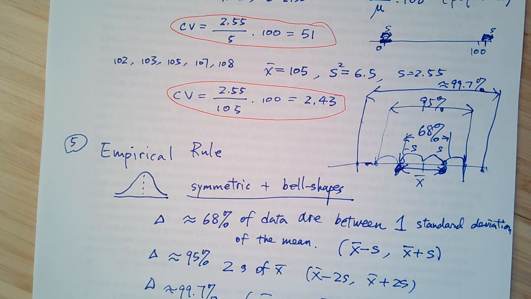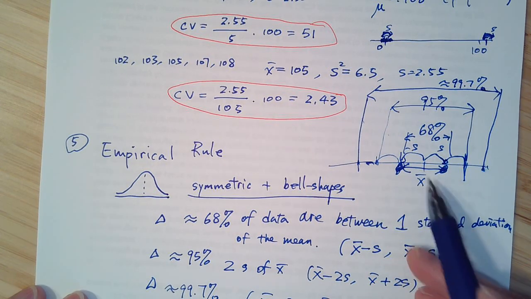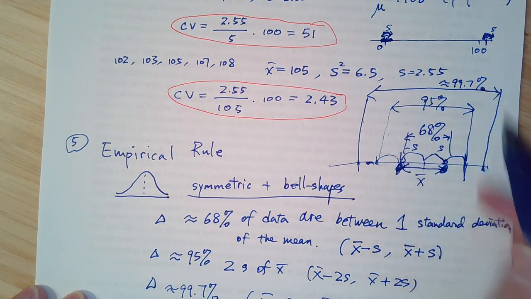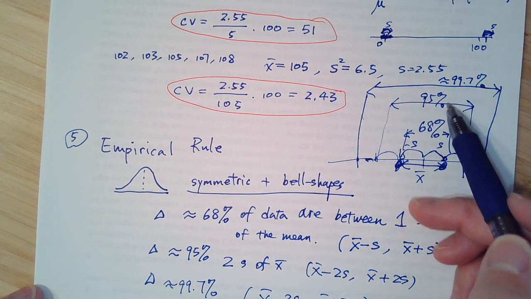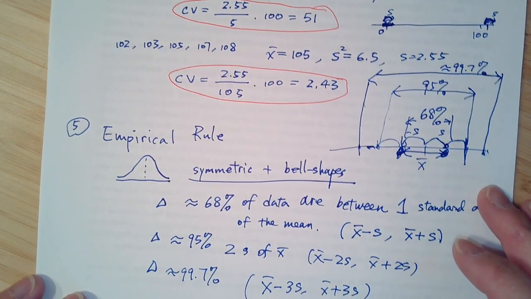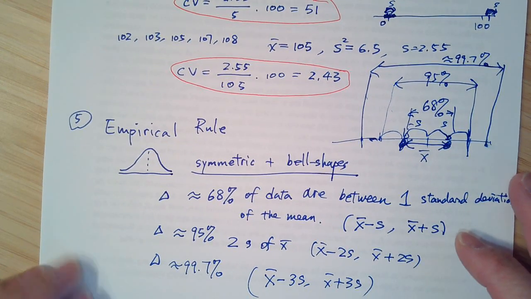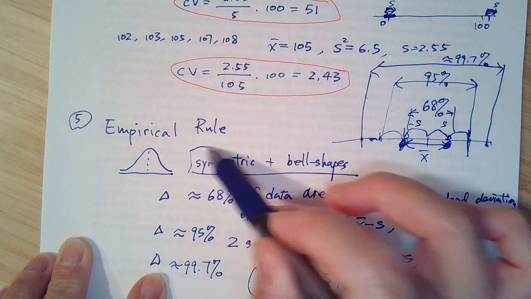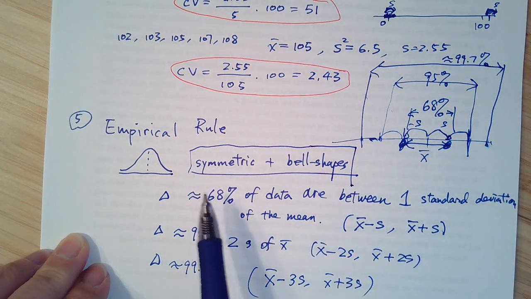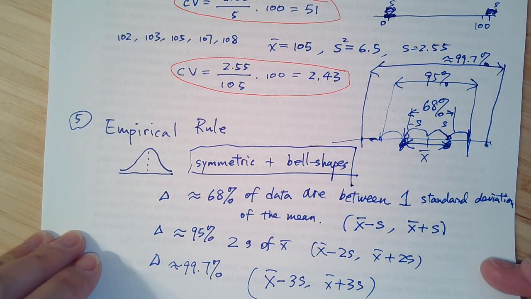So from the mean, if you go down by 3 standard deviations, and if you go up by 3 standard deviations, it contains almost all the data. Just around 0.3% of data are outside of this interval. So this is the empirical rule. Remember that it works with almost normal, we say symmetric and bell-shaped distributions.